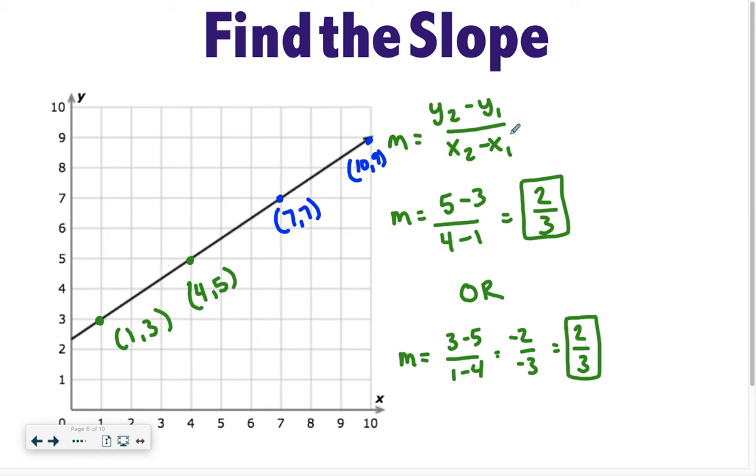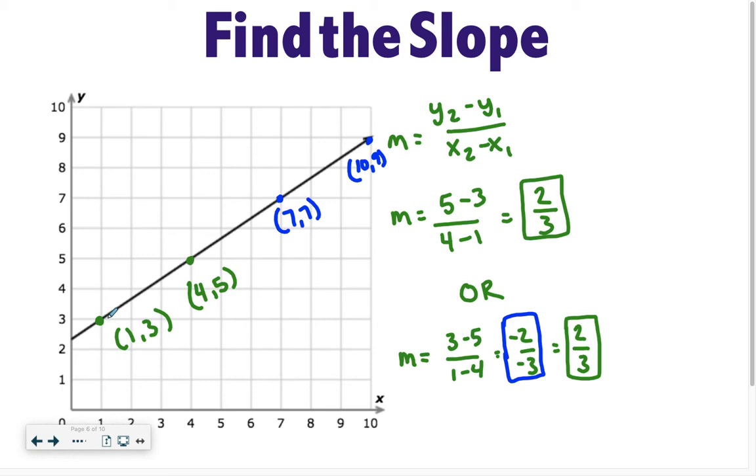And then you can do the y2 minus y1 over x2 minus x1, and you should end up at positive 2 over positive 3. Some people will get this far, and they'll say negative 2 over negative 3. That's not as simplified as it can be because we still have a negative on top and bottom, so you need to make sure you switch it to positive.